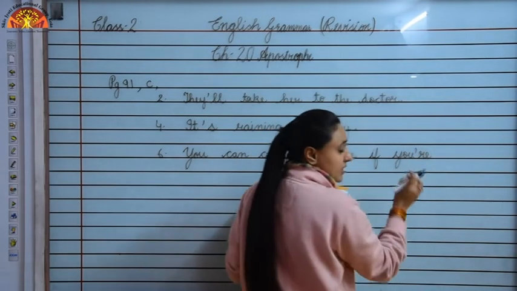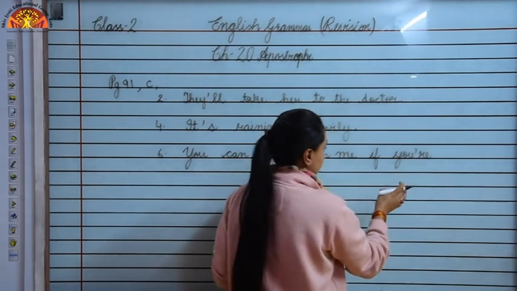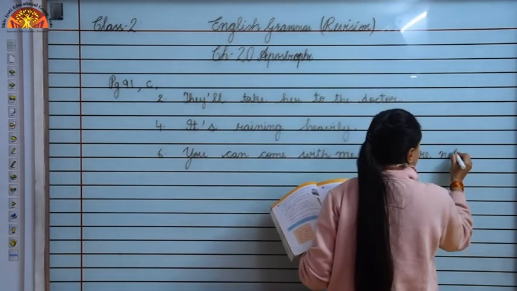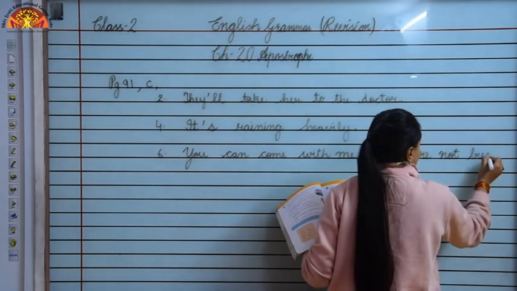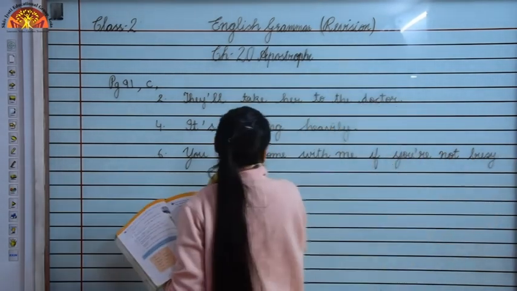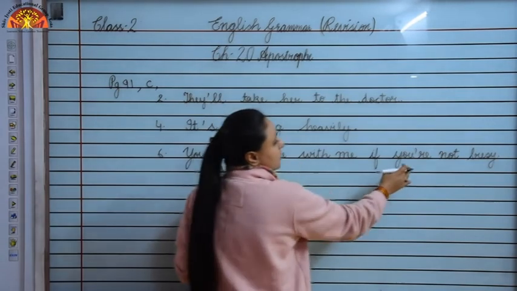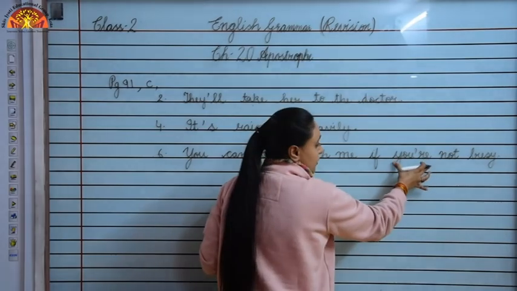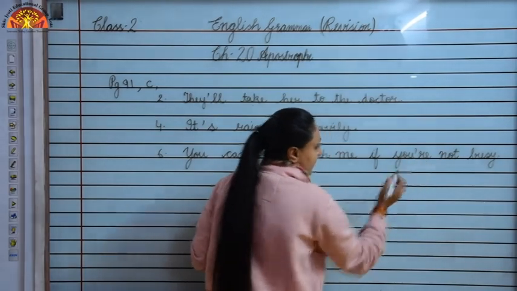We have omitted the a from are, okay? The sentence is: you can come with me if you're not busy, okay? We can write the short form of you are like this, okay?